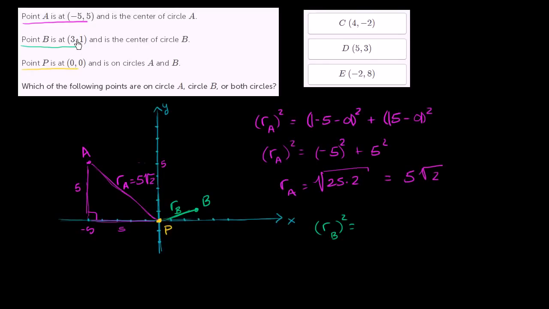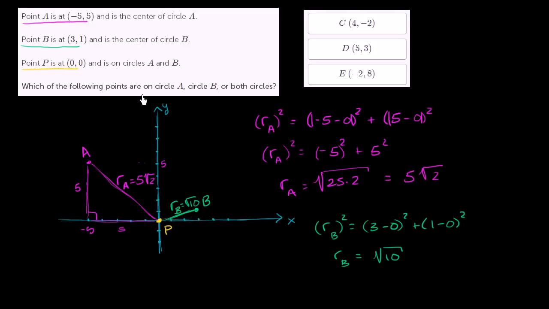So go from, we could write it as 3 minus 0 or 0 minus 3, but we'll just write it as 3 minus 0. 3 minus 0 squared plus 1 minus 0 squared, or the distance between these 2 points, is equal to the square root of 3 squared plus 1 squared, this is 9 plus 1. This is the square root of 10. The radius of B is the square root of 10.